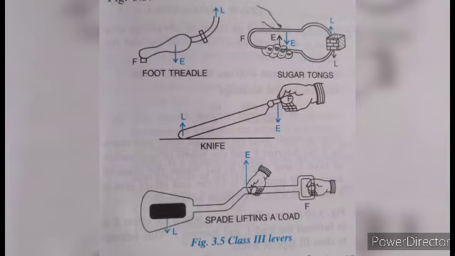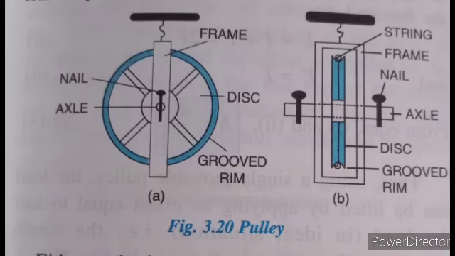With the class 3 lever, we do not get gain in force, but we get gain in speed. That is, a large displacement of load is obtained by a smaller displacement of effort. For example, the blade of a knife moves longer by a small displacement of its handle. मतलब class 3 lever में force multiplier नहीं है, but it is a speed multiplier. Speed enhance हो जाती है हमारी. So I hope you have understood the types of lever.